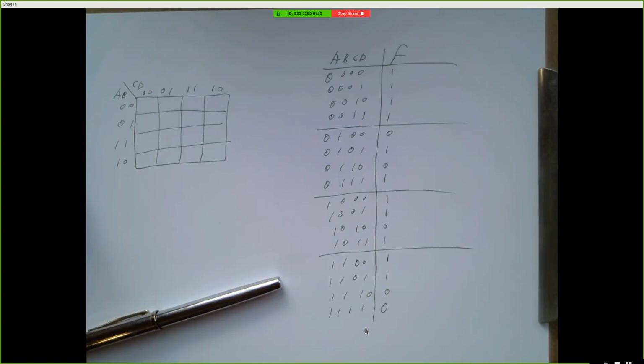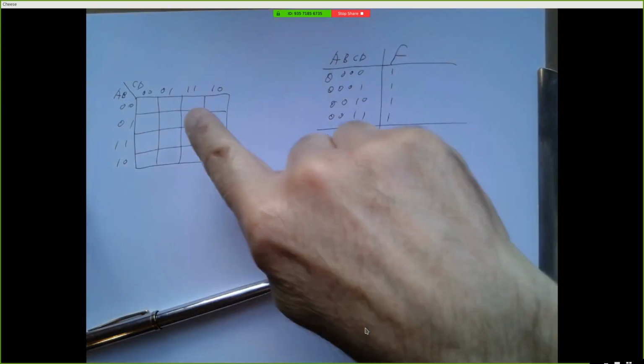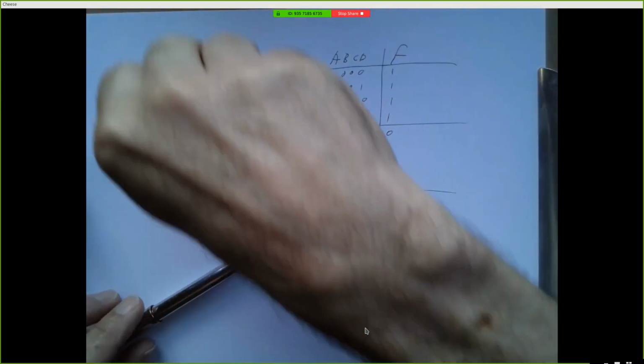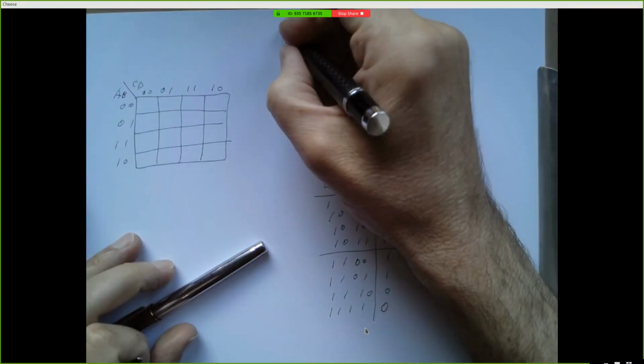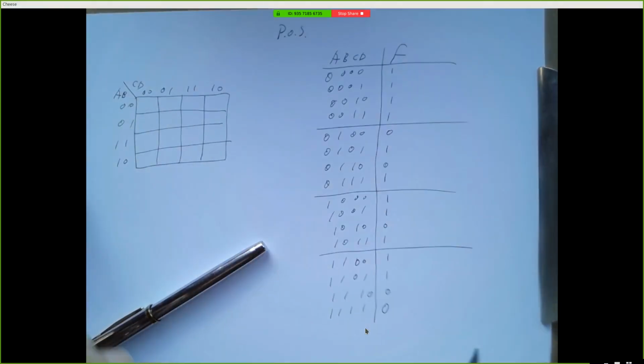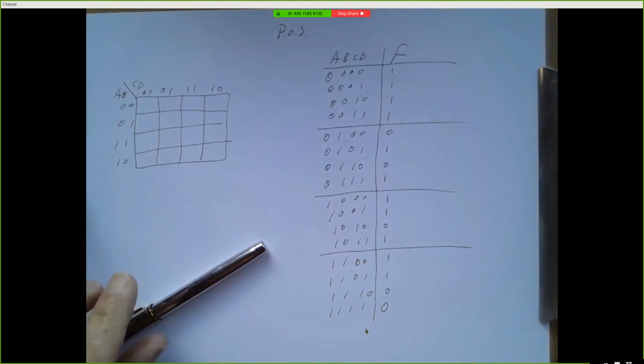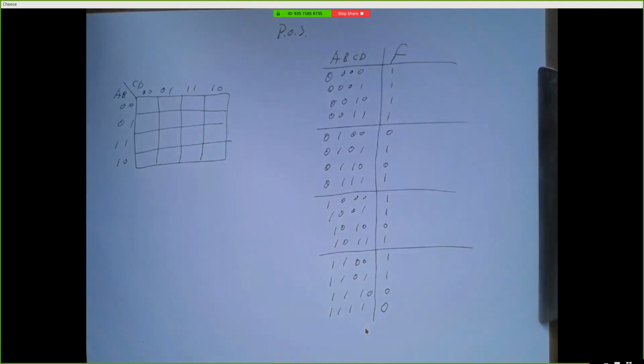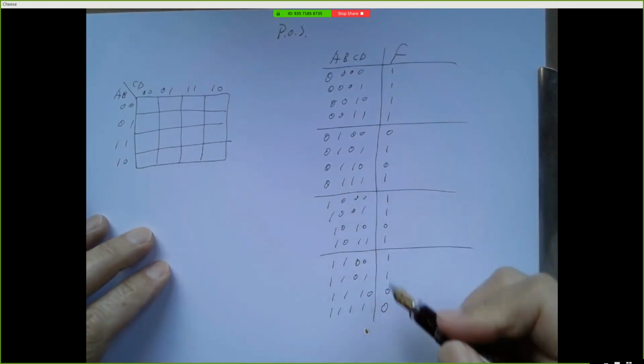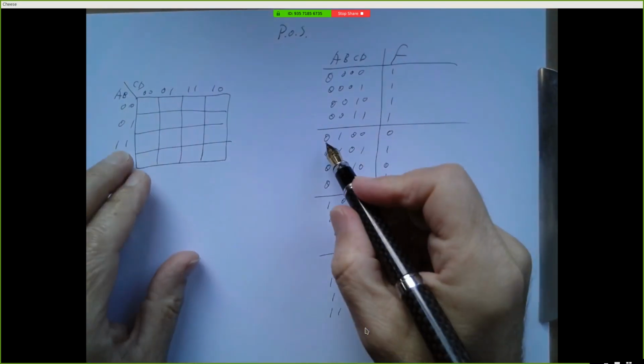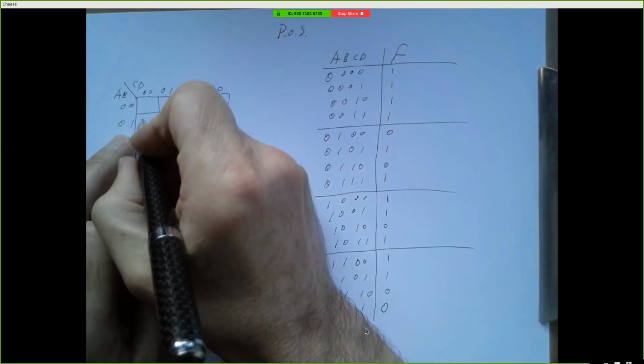And when we put this in the K-map, for a sum of products representation, we transfer the 1s over to here. If we want to do product of sums, we transfer the zeros into the K-map, and we don't transfer the ones. So we have fewer zeros. We only have 5 zeros. So 0, 1, 0, 0.